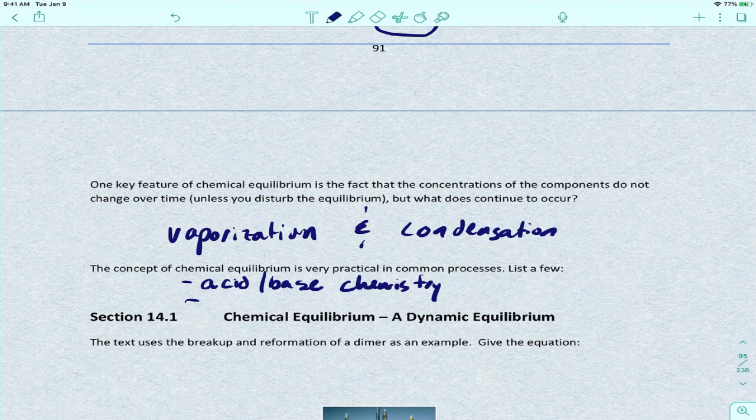We'll also talk about precipitations again. We're going to go back to precipitation chemistry, and we'll talk about what happens when you mix two reactants together and a precipitate falls out. How does that deal with equilibrium? How is that involved?